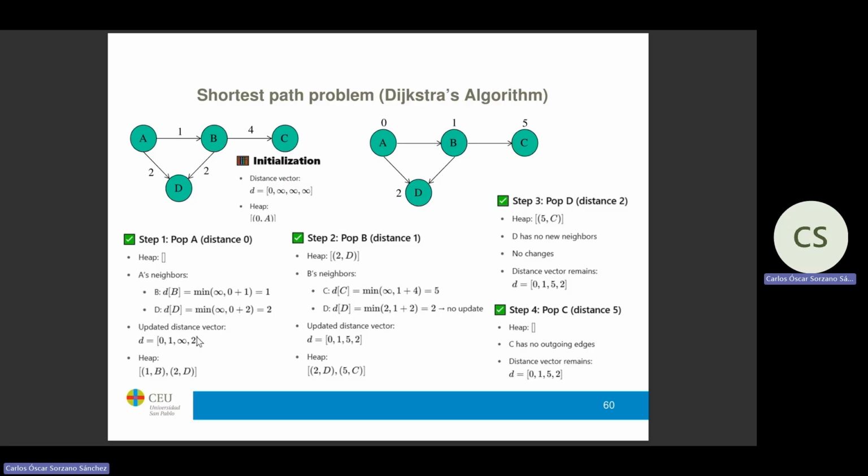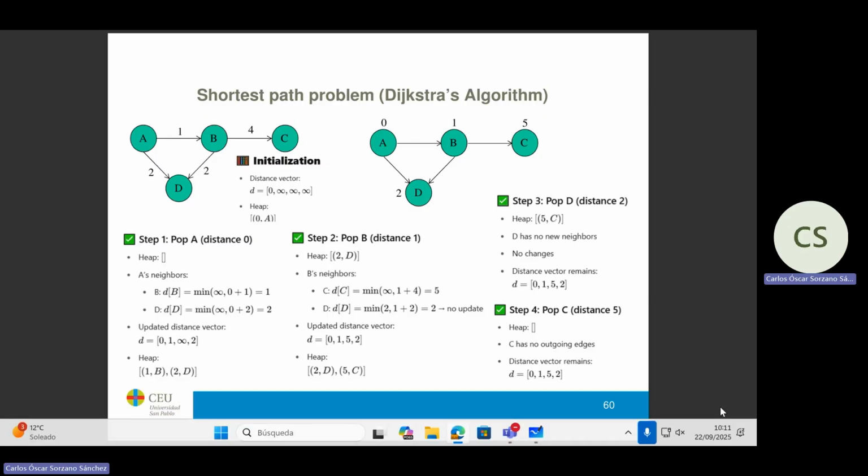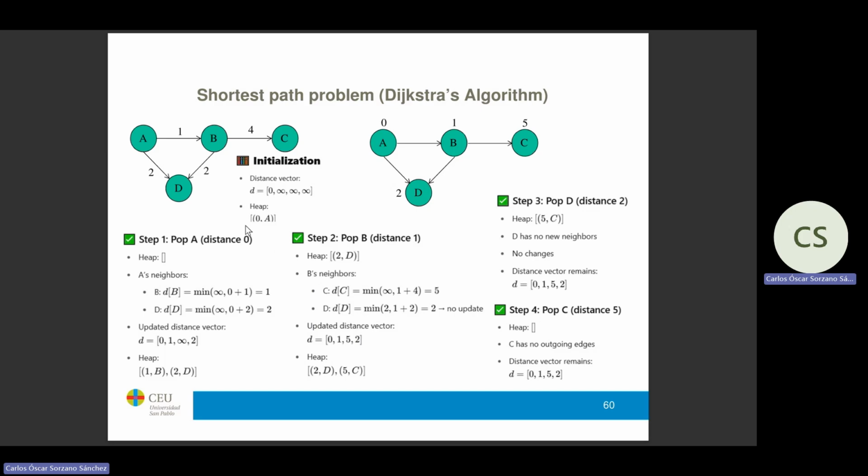Then in this heap of nodes that you want to visit, starting from A, going to A costs 0. This is the meaning of this, and I want to start exploring from here.